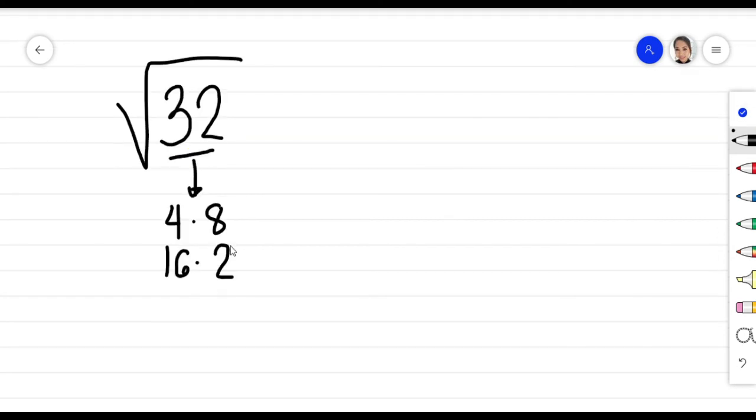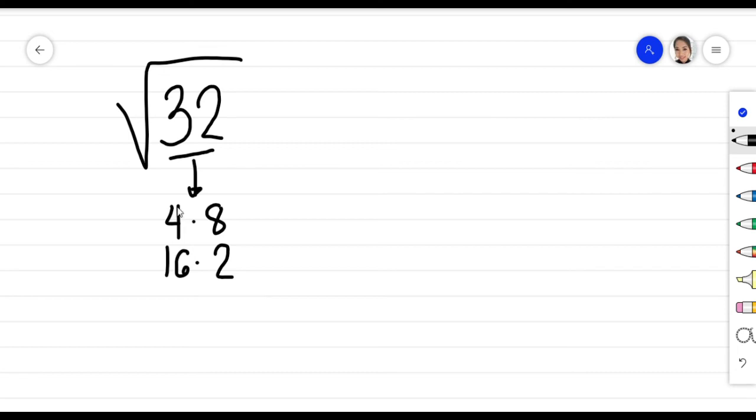Another example, square root of 32. Now 32 is not a perfect number. So again, we have to factor it in such a way that the first number should be perfect. Then we pair it with a non-perfect number. So we have two choices: 4 times 8, where 4 is perfect, and 16 times 2, where 16 is the perfect number.